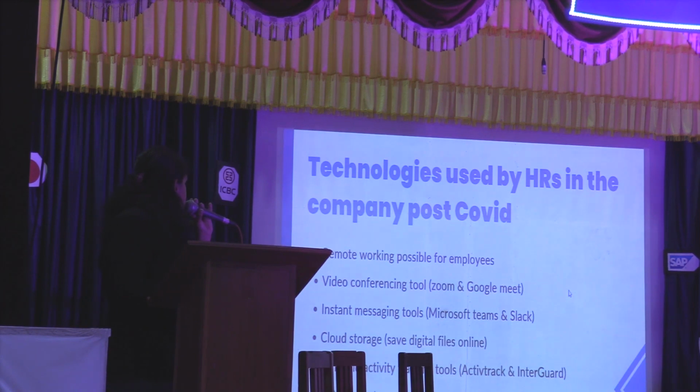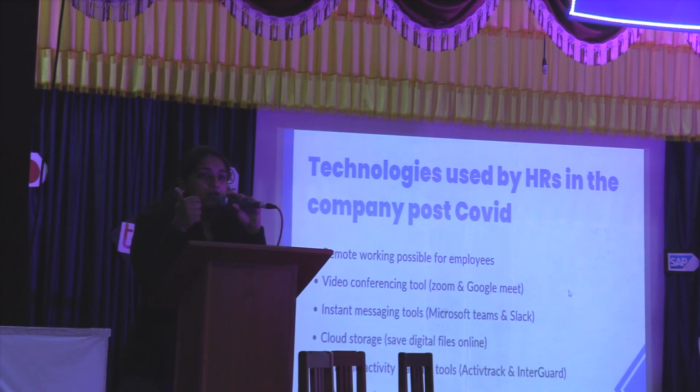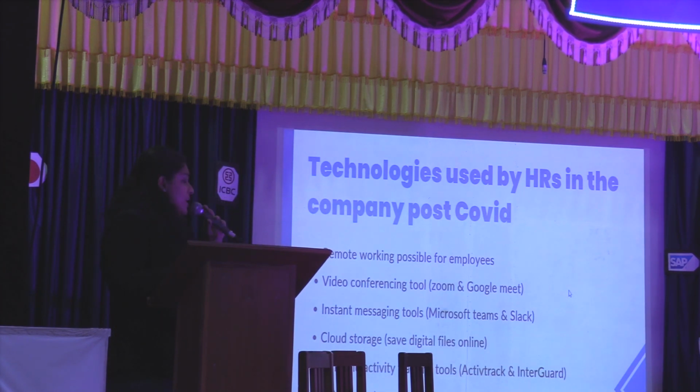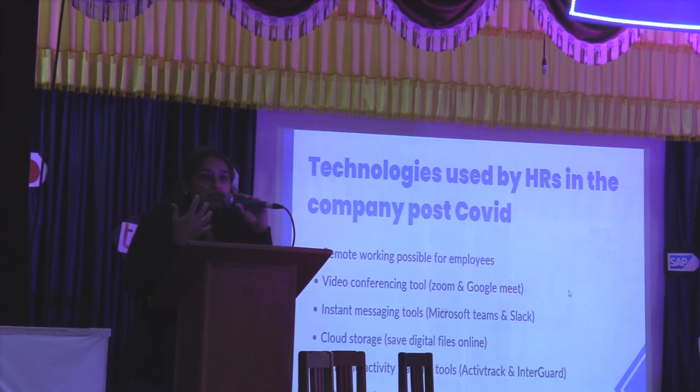Then there are the time and activity tracking tools that HR had to take into consideration for the employees, who had to log in at their job in the morning and log out at the end. Tools like ActiveTrack and InterGuard are two tools that came into the market, and they were very helpful for us to maintain attendance and records, and also to see how many hours an individual employee has worked.